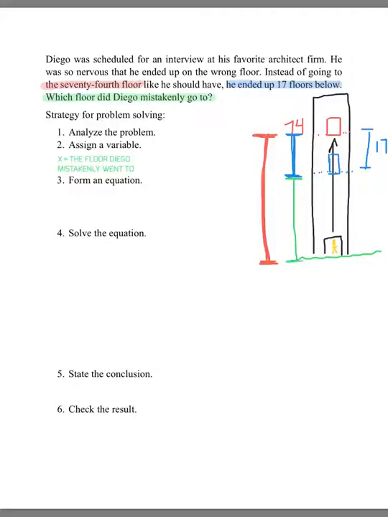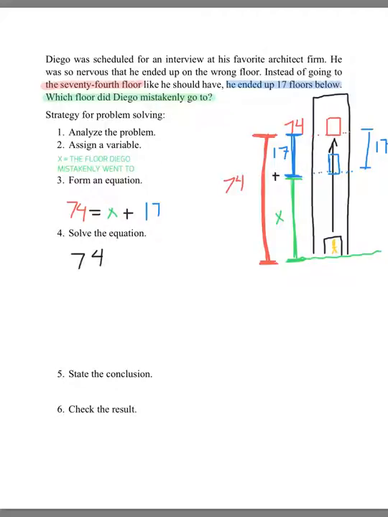What floor did he mistakenly go to? So 74 in red is equal to x plus 17. So there you go. 74 is equal to x plus 17. Let's go ahead and solve.